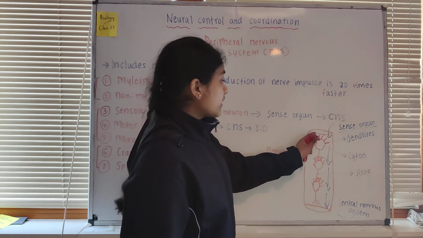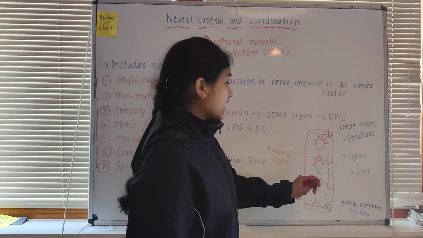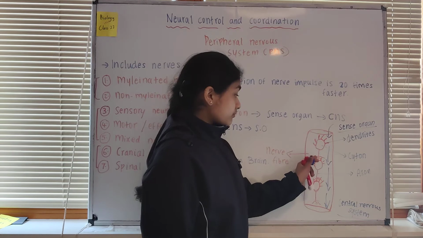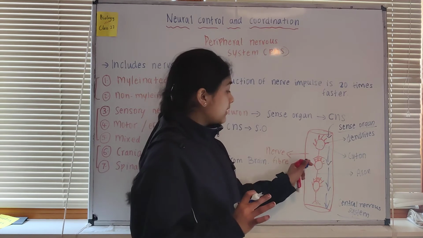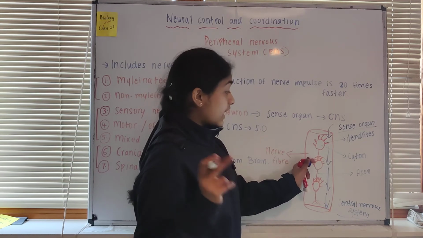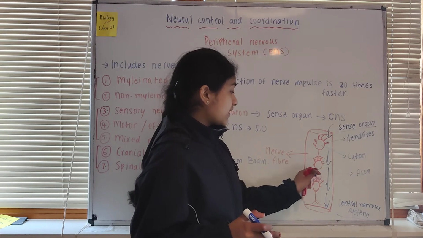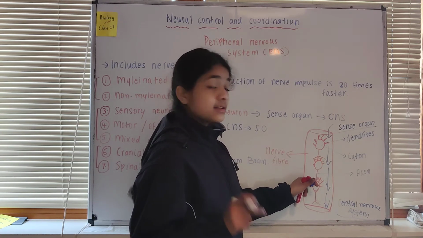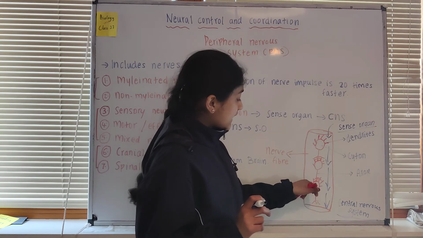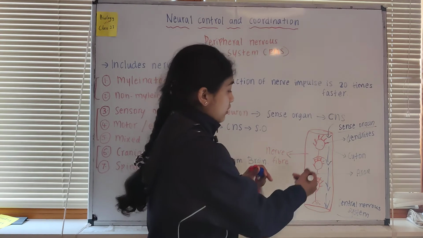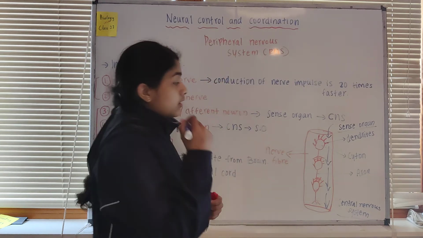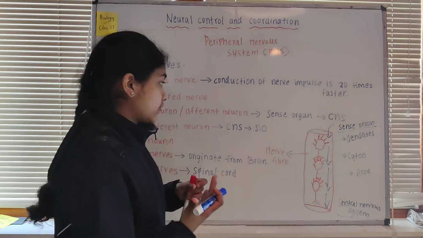So from the dendrites to the cyton to the axon, and then the synaptic knobs or the axon end bulb, and then again the dendrites of the other neuron, cyton, and then axon, and then again the axon terminals and synaptic knobs, and then again dendrites of the next neuron, cyton, axon, and so on. This is how the nerve impulse travels.